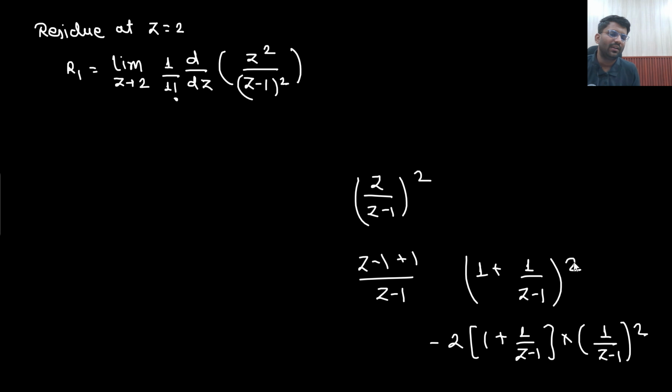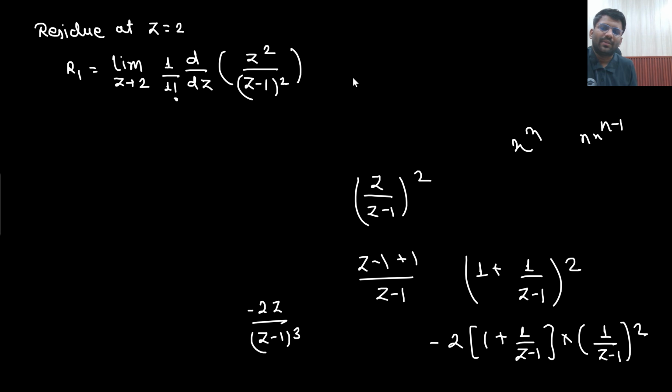So first I did x to the power n, that would be n x to the power n minus 1. So 2 outside I took, 2 into 1 plus 1 upon z minus 1. Then I differentiated the inner part, that would be minus 1 upon z minus 1 whole square. So what you are getting? Minus 2z upon z minus 1 to the power 3, right?